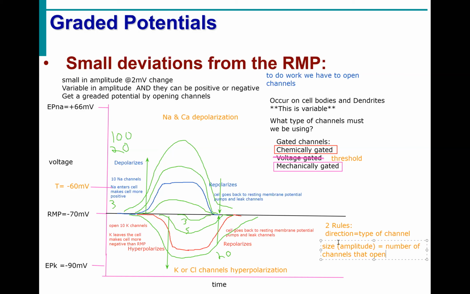No, mechanically gated and chemically gated are two different keys. Something that is mechanically gated is a channel that opens or closes by the stretch of the plasma membrane. So you change the shape of the plasma membrane and you can get that to move. It's like the example of squeezing your arm.